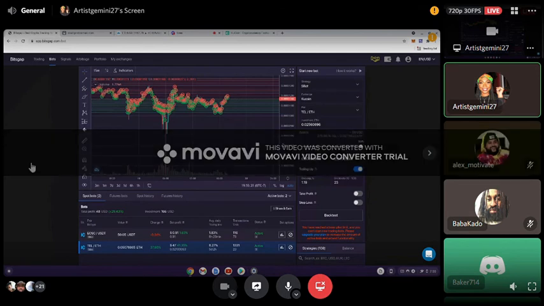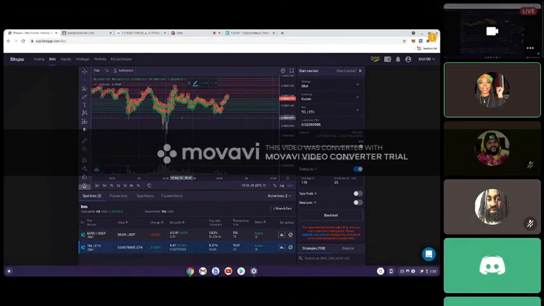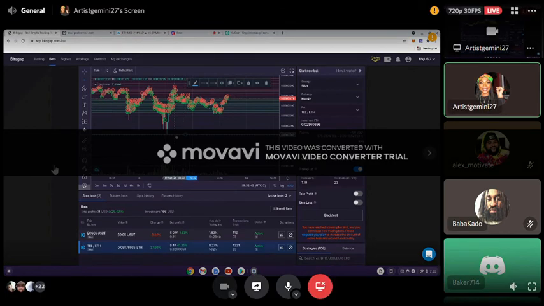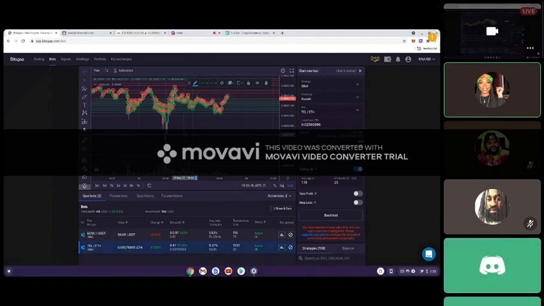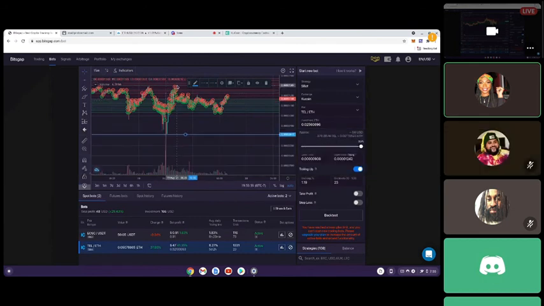So you can always use your horizontal lines as support and resistance. I know it's a lot of mumbo jumbo going on right now, but all you would do is put that blue line right there at the end of this wick, because you see this is where it dropped, right? And then you see where it came back up a little bit higher.